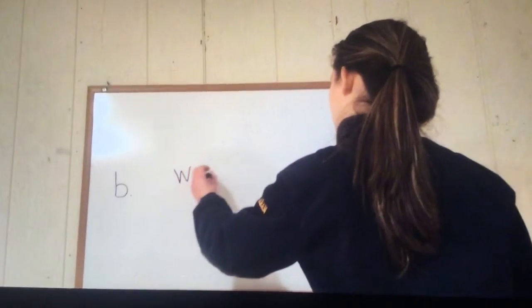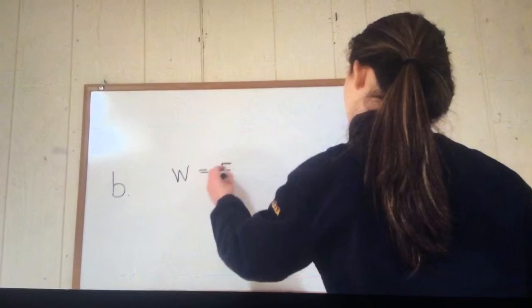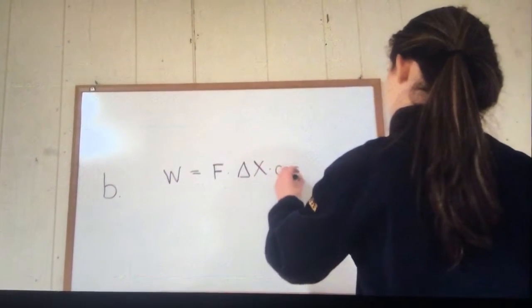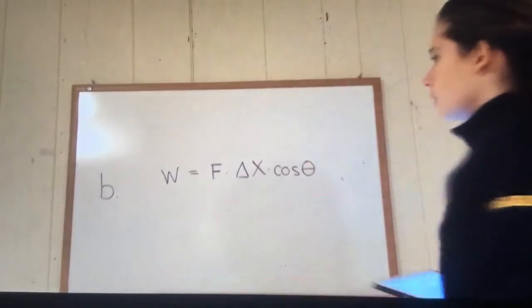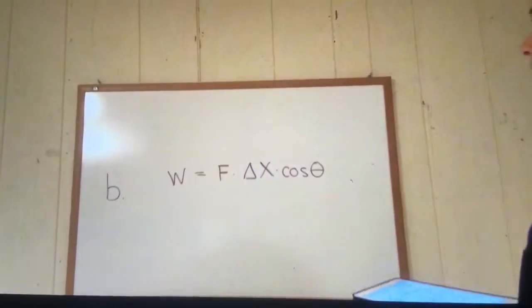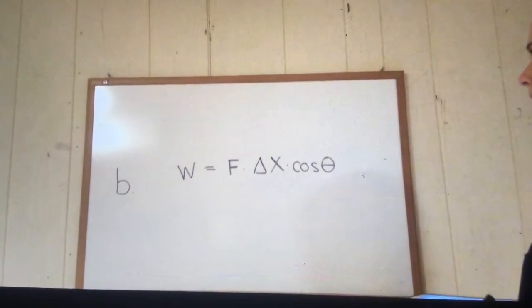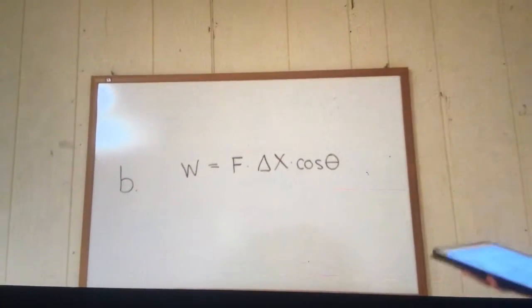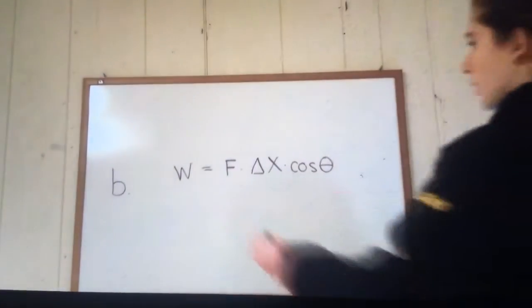To figure out how much work is done by force F, we will use the work equation. The work equation shows us that work is equal to the force times the displacement times cosine of theta. Now we will simply plug in our values and solve for work.